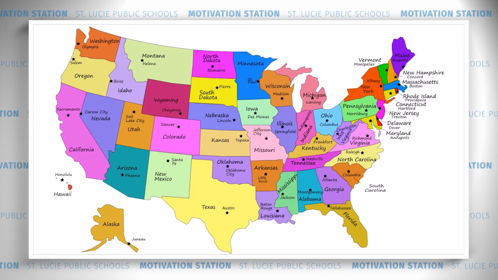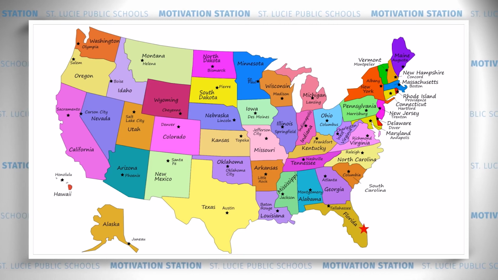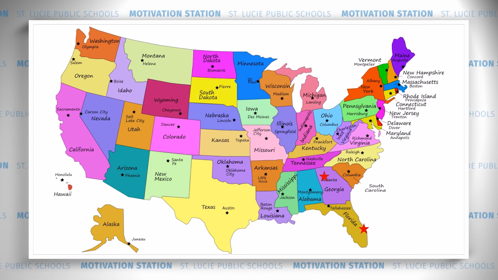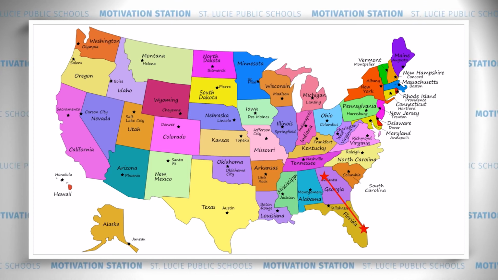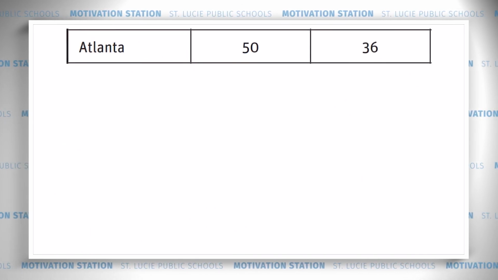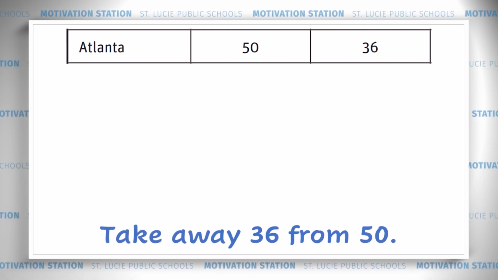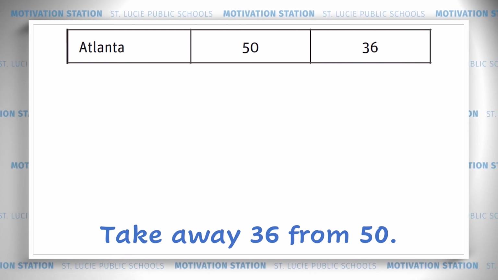Now let's look at Atlanta. Atlanta is in Georgia, which is north of here. We live here in Florida. Atlanta, Georgia is right there. It's the capital of Georgia. That's not too far. Atlanta's high temperature is 50. Their low temperature is 36 in January. Let's do takeaway. Let's take away 36 from 50.